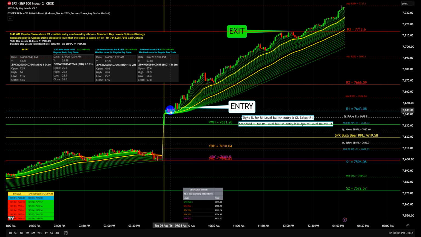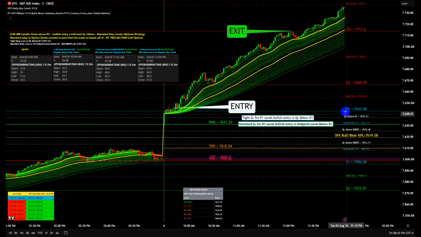And then we get sort of a sideways move here. And then here on the 9:40 a.m. candle, we're getting a clear indication of the upper bands of the ribbon starting to pull away from the base. And we still have a close above R1. So that's our bullish signal for an entry on R1: first the candle close above R1, and then the confirmation for jumping in the entry is going to be the all green ribbon with the upper bands of the all green ribbon pulling away from the base of the ribbon.